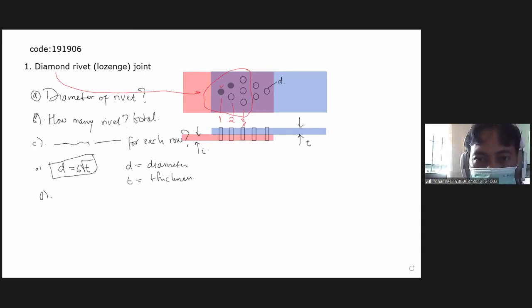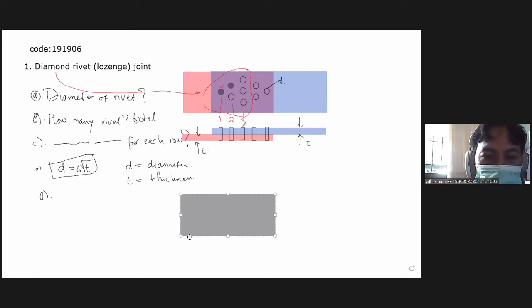Okay, so first we consider if this plate contains only a single rivet, so if it has only a single rivet here, then what is the strength of this joint?